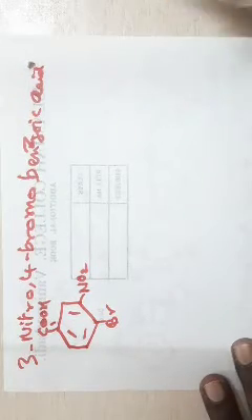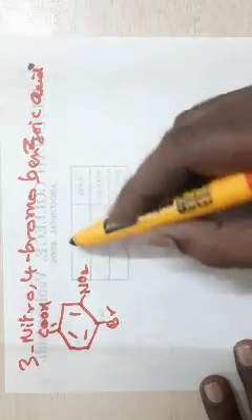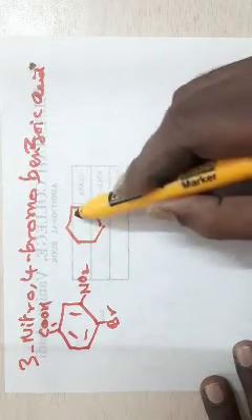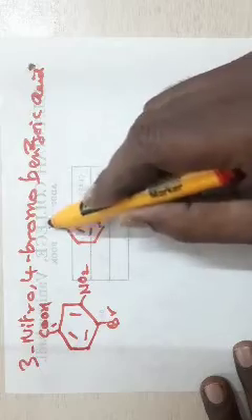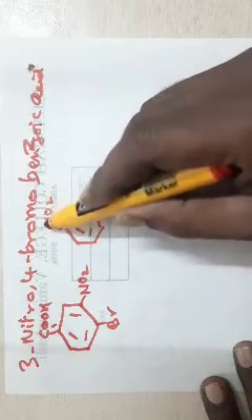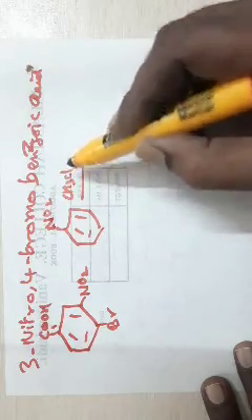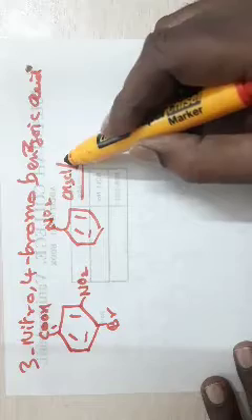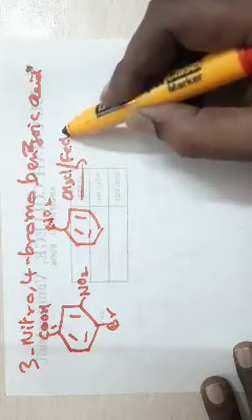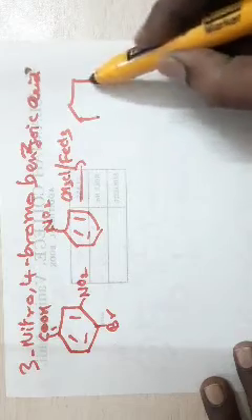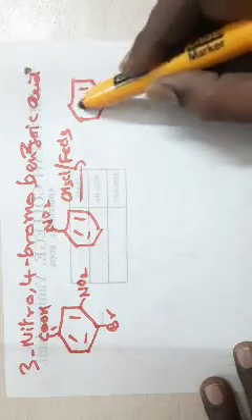So if we employ the alkylation of nitrobenzene with methyl chloride and a Lewis acid catalyst, the Friedel-Crafts alkylation reaction, then you get meta-nitrotoluene.